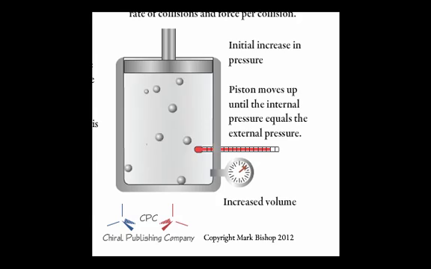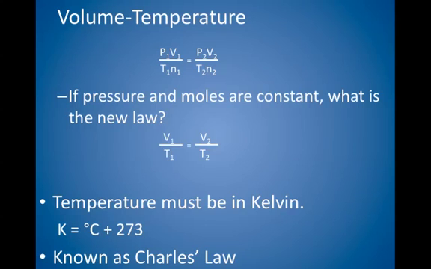A lower temperature would equal a lower volume. So once again, this is known as Charles' law, and it is the relationship between volume and temperature. And of course, we're going to have some math associated with this because we can take measurements, and so we'll do a couple of sample problems associated with this.